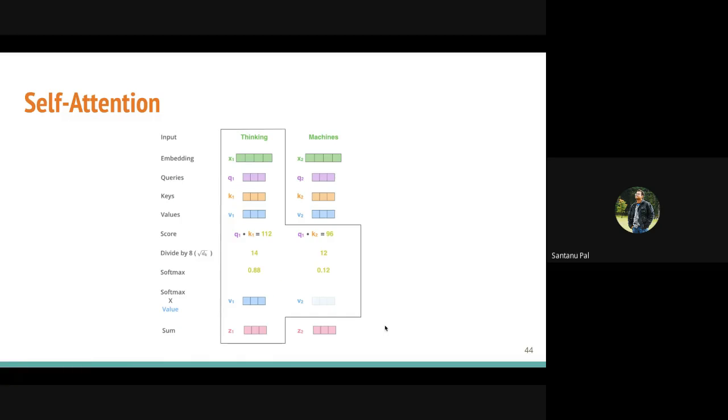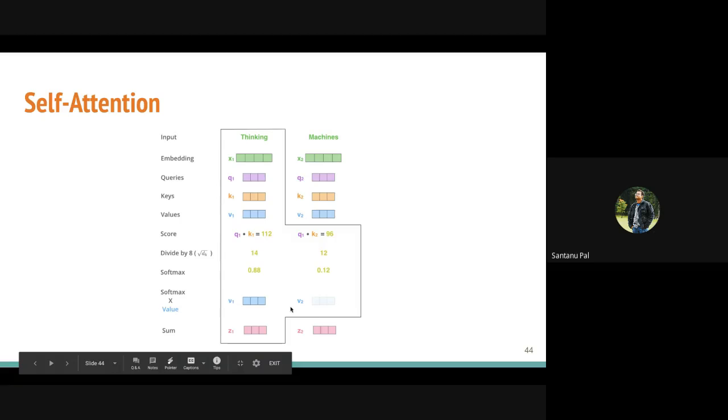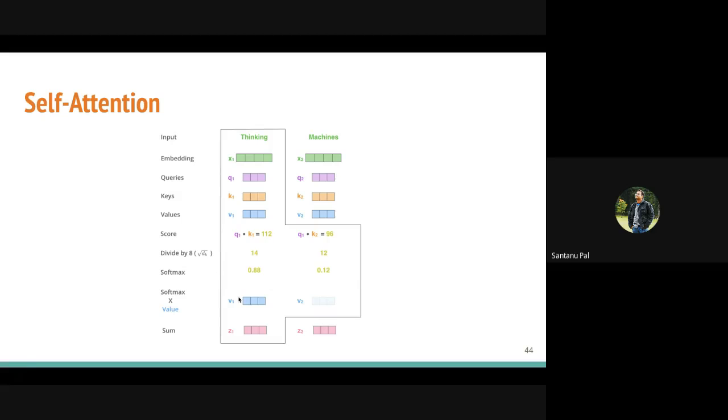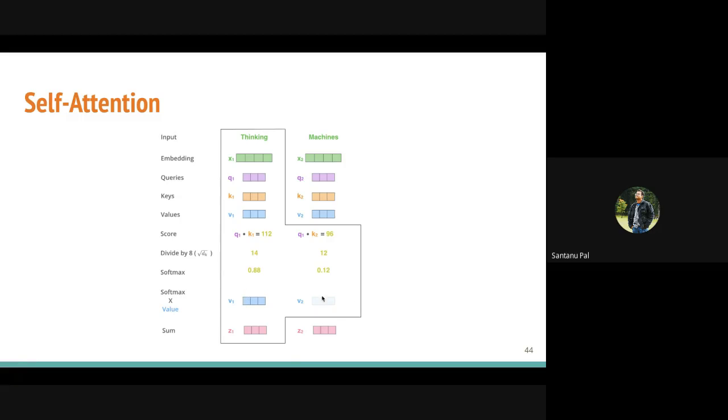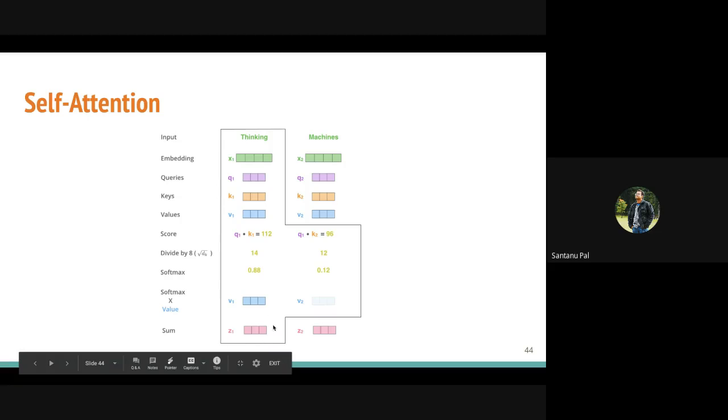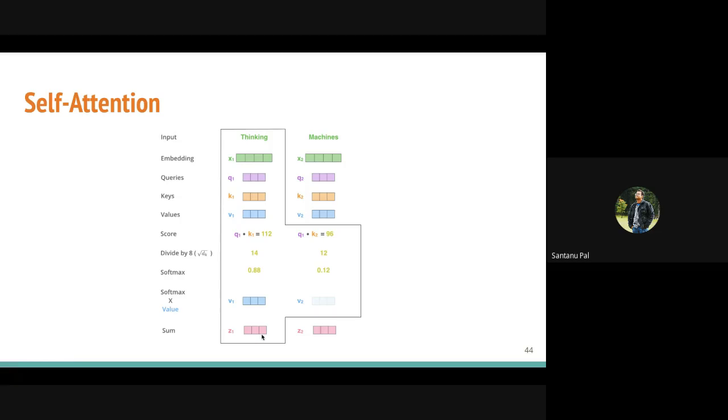And then it will be the weighted sum, like softmax multiplied by value. So we take the value matrix, and all of this summed will be Z1. This is the final representation of the self-attention layer.